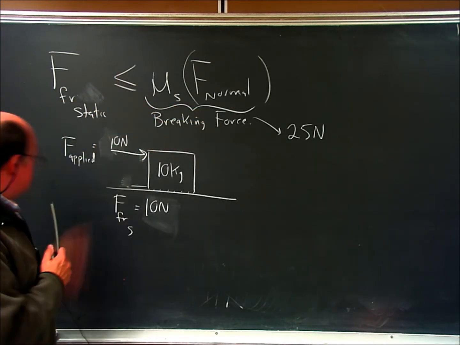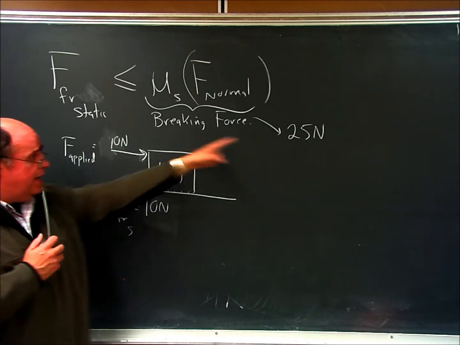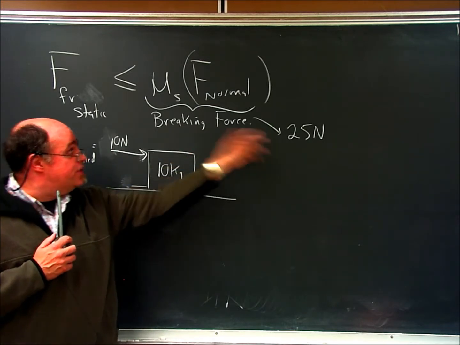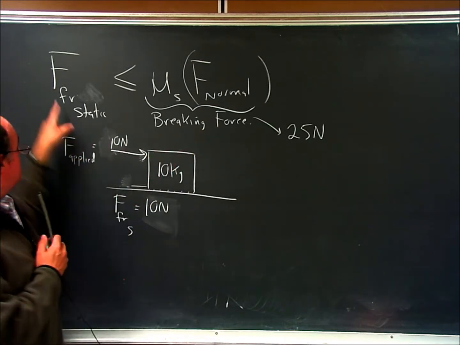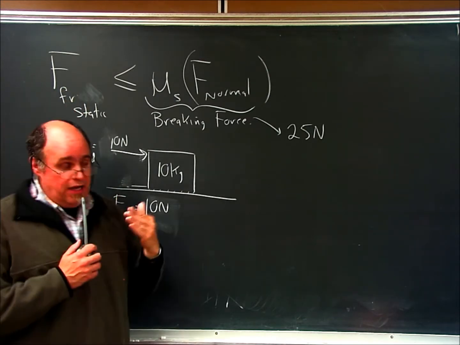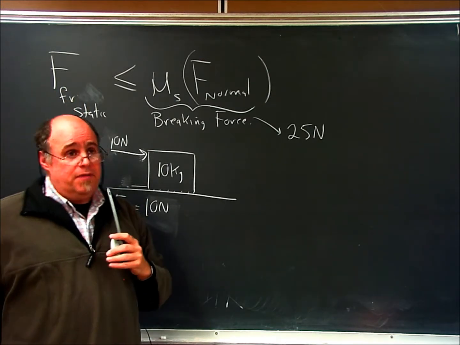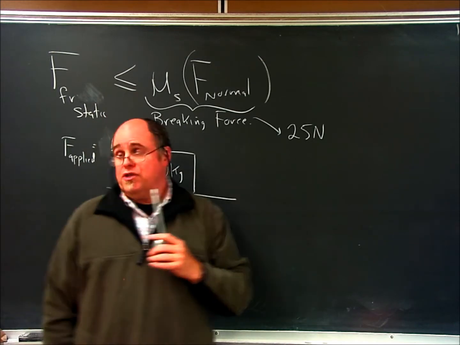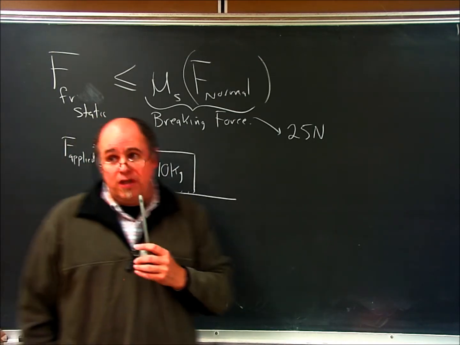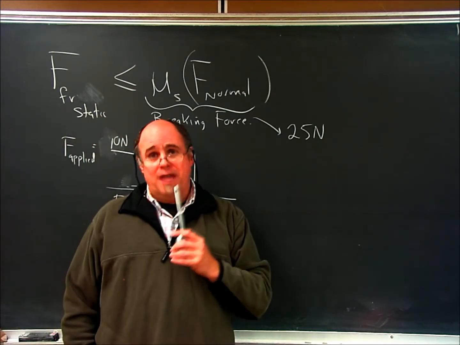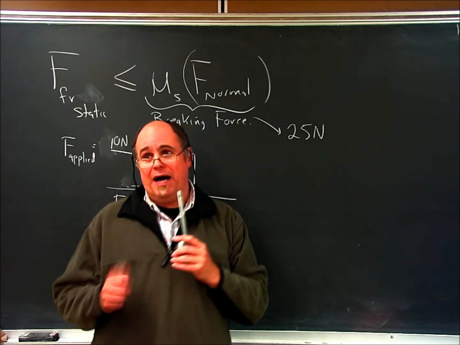So I'm trying to move this box across the ground. I need to push with at least 25 newtons of force. That's as much as this static friction can withstand. Sometimes you might buy some rope or fishing line, and it might say on it that it's been tested and can withstand up to 10 pounds of force.